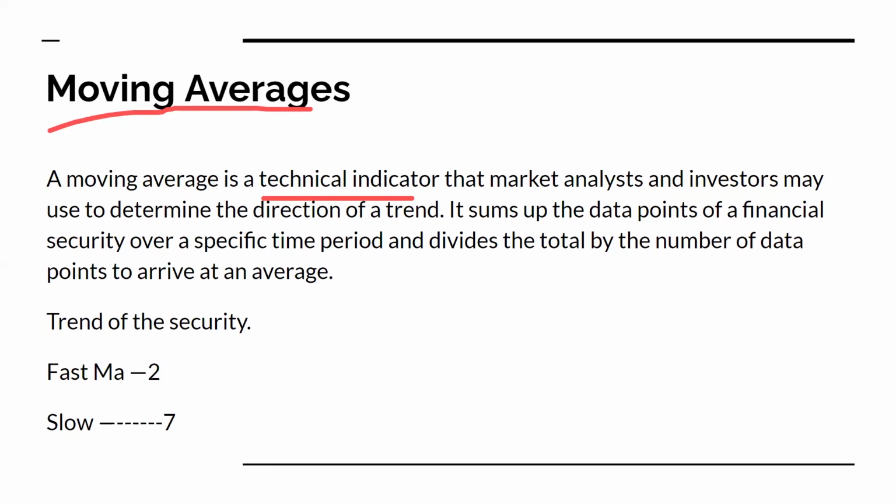One thing I know about the moving average is that it's used largely for determining trend, but there are other things like the TDI, like the VWAP. Trend lines can also be used for determining trend. There are so many things, and a moving average is part of them. It sums up data points of a financial security over a specific period and divides the total by the number of data points to arrive at an average.